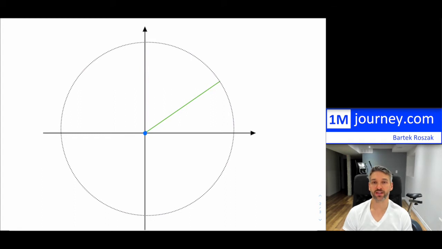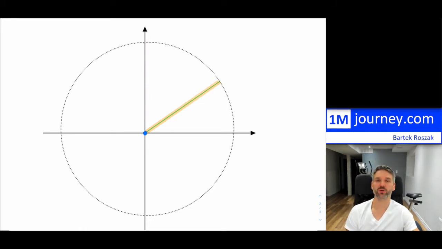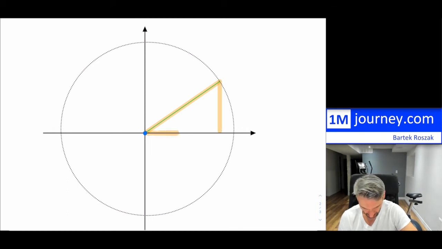Within here, if you imagine this is your hypotenuse, then I can create a triangle with respect to the x-axis, the flat line. If I drop this down, make a perpendicular and then connect it, all of a sudden I have created a right-angled triangle.